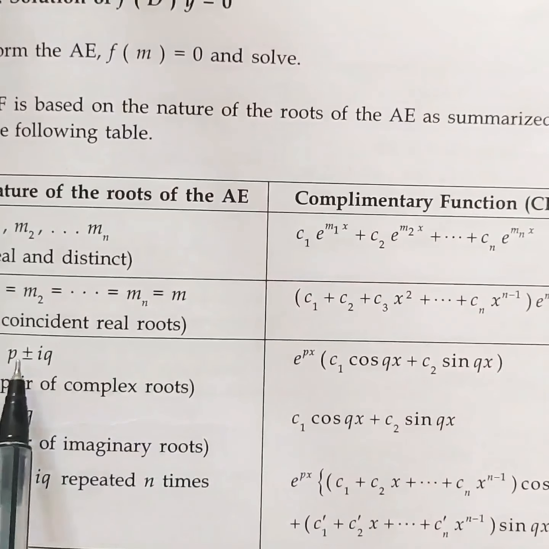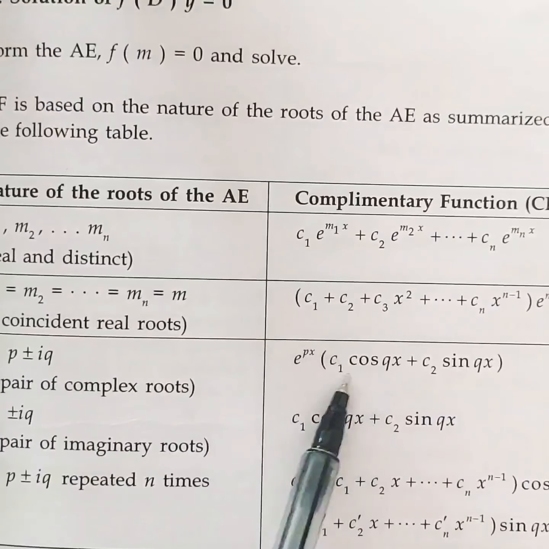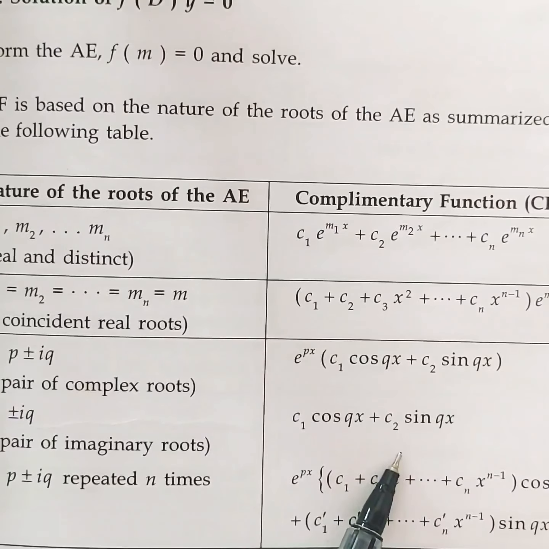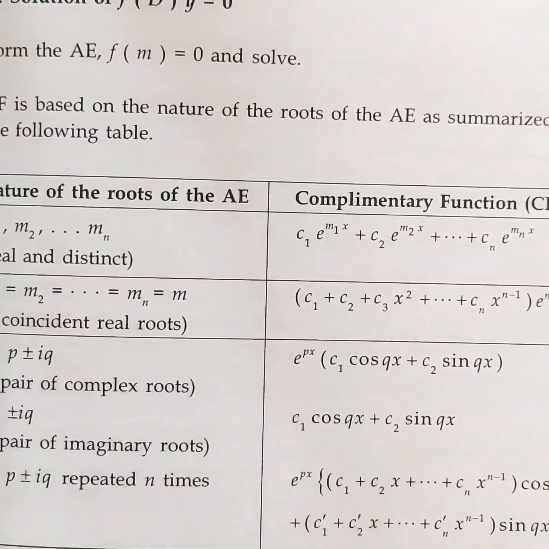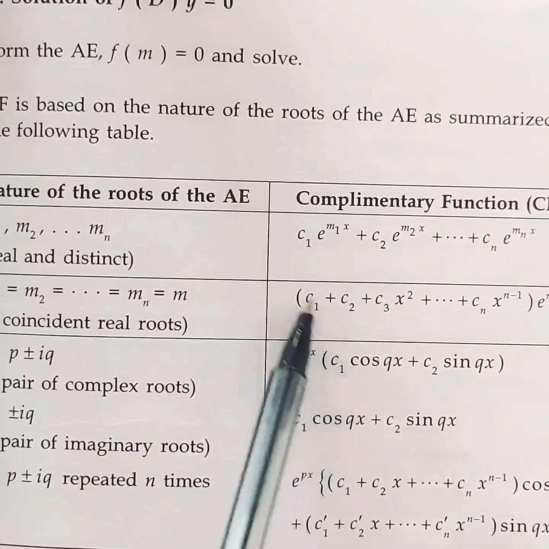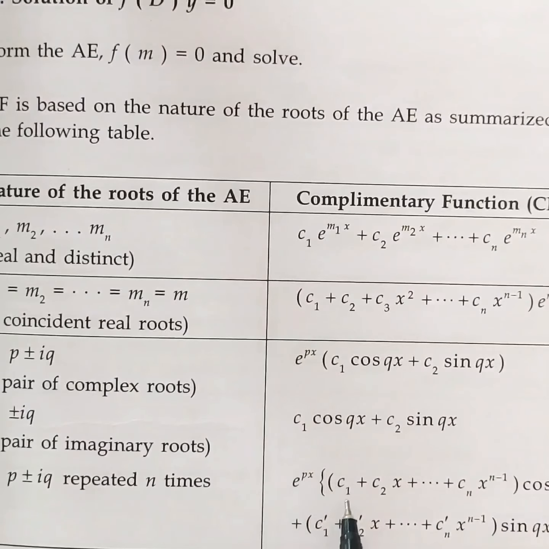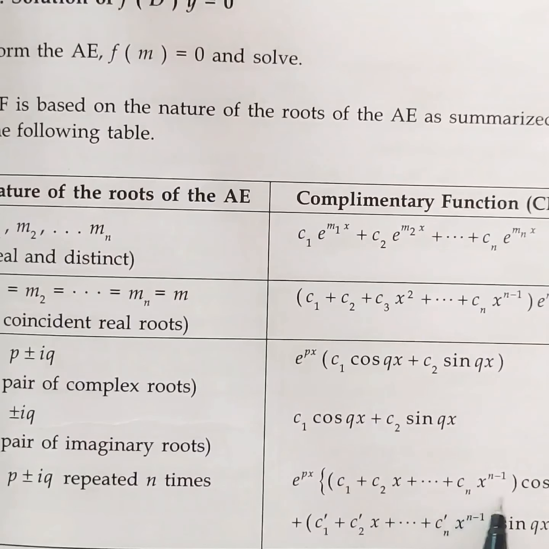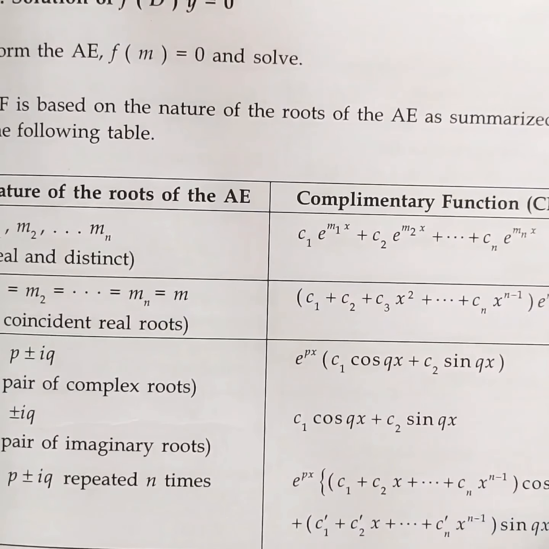If this real part is 0, e power 0x, we will write only what is inside the bracket, that's it. And if the complex roots are repeated, same as what you have studied already, e power px into c1 plus c2x plus and so on, cn x power n minus 1 cos qx, plus c1 dash plus c2 dash x and so on, plus cn dash x power n minus 1 sin qx.